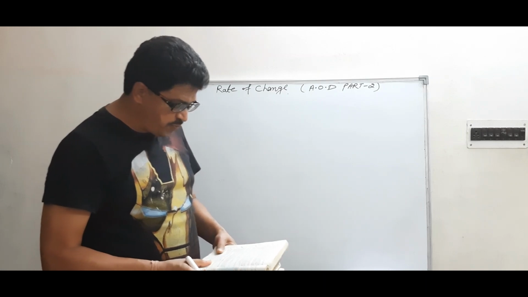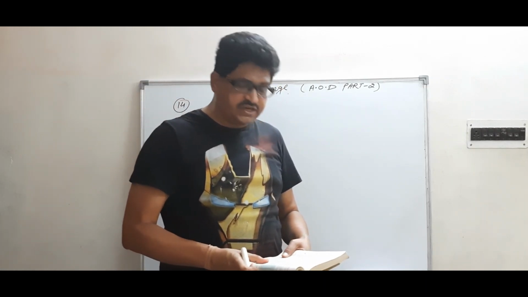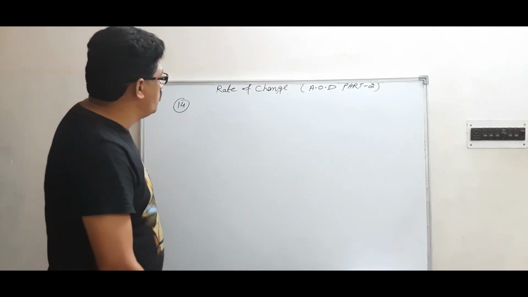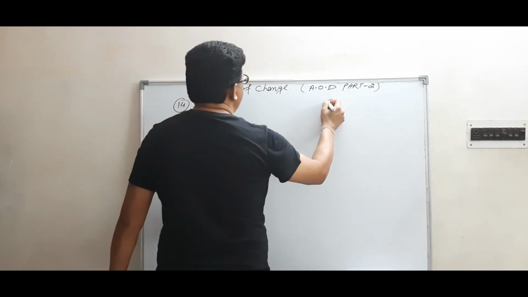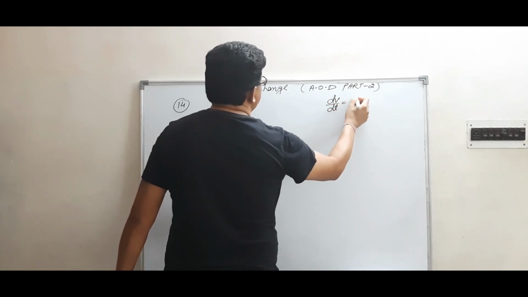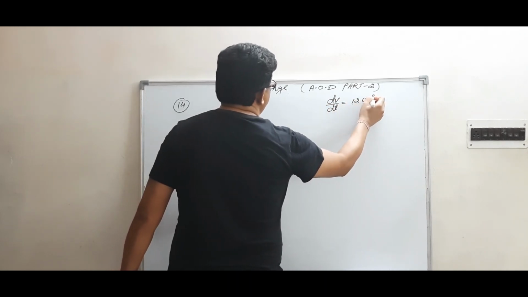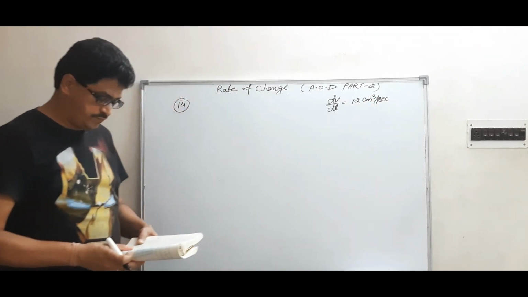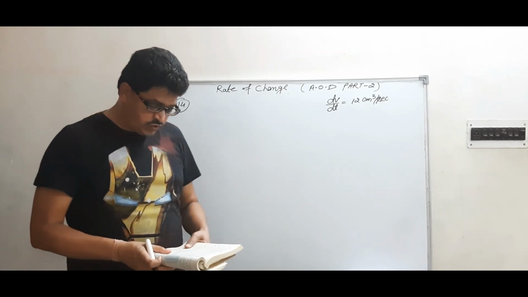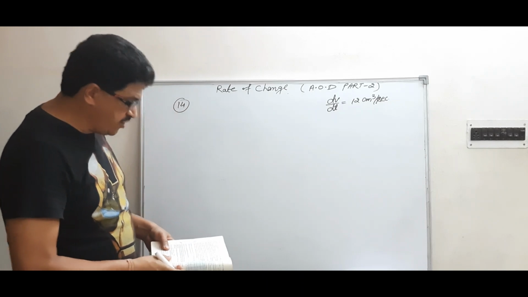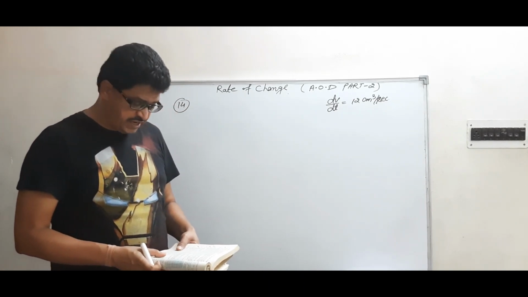Sand is pouring from a pipe at the rate of 12 centimeter cube per second. So 12 centimeter cube per second is the unit of volume. dV upon dt, change in volume, is given 12 centimeter cube per second.